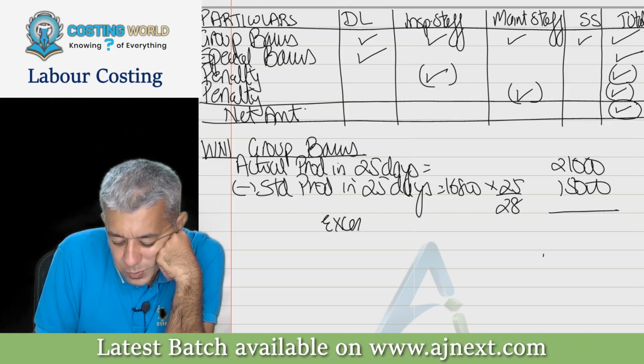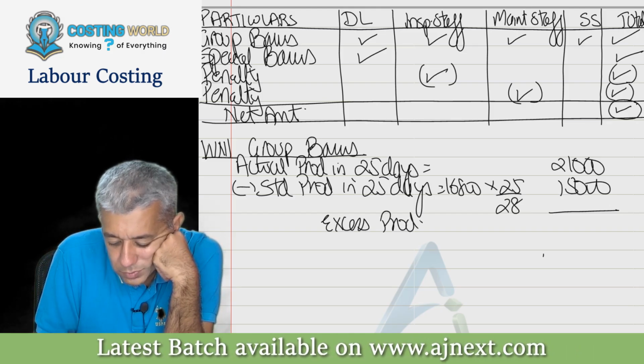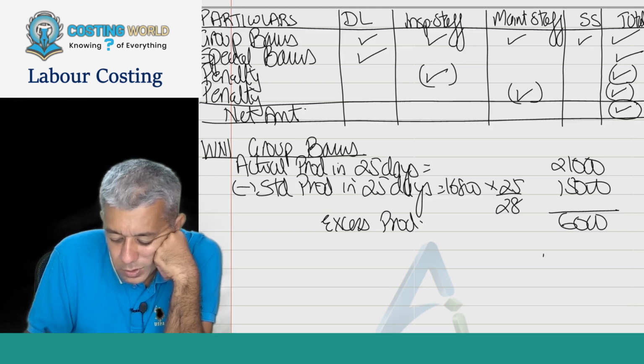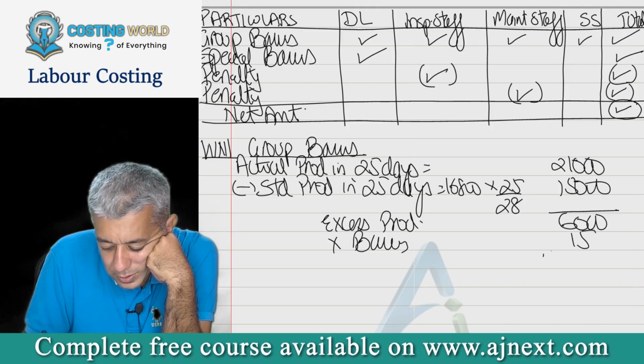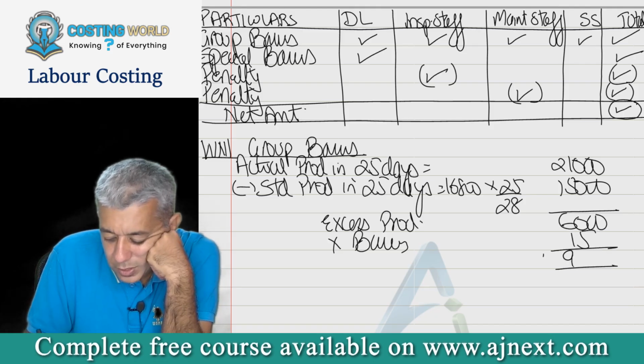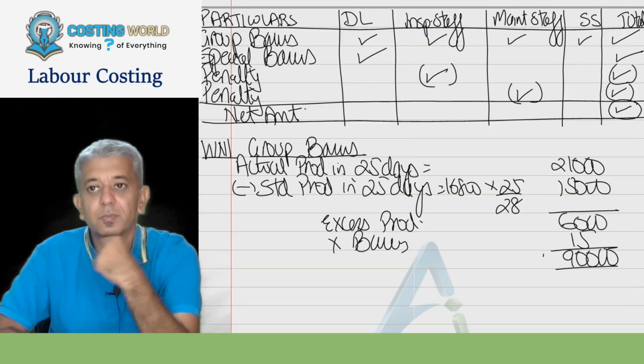So excess production 6,000. We give you bonus at the rate of 15 per ton, so 90,000.